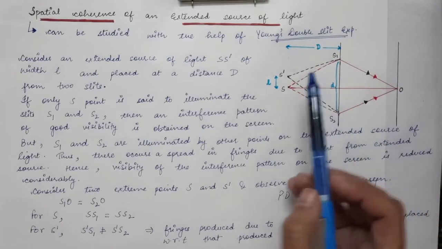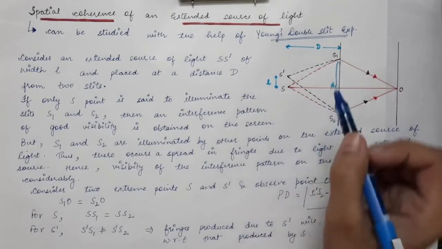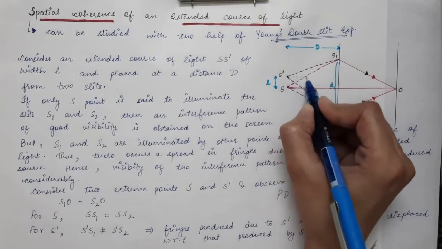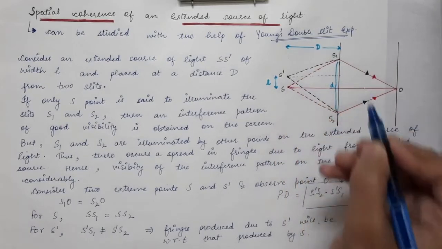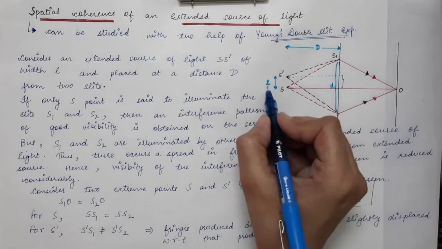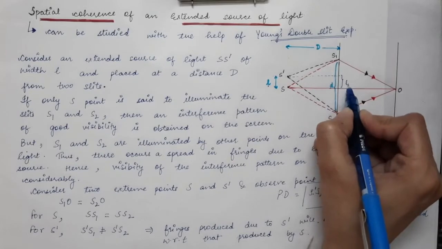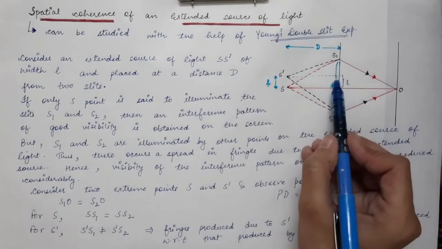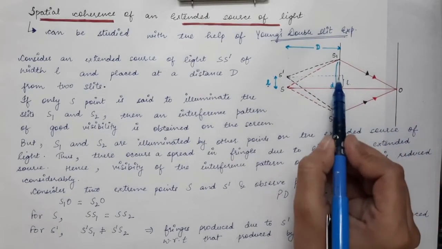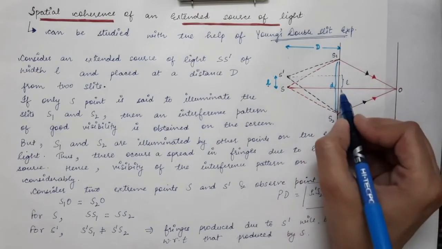So S prime S2 is this length. So what is this length? First of all, we will draw a horizontal line in this manner. Now what is this length? This length is nothing but equal to small l. Now we are looking at this triangle only. So this length is equal to small l, and what is this length?